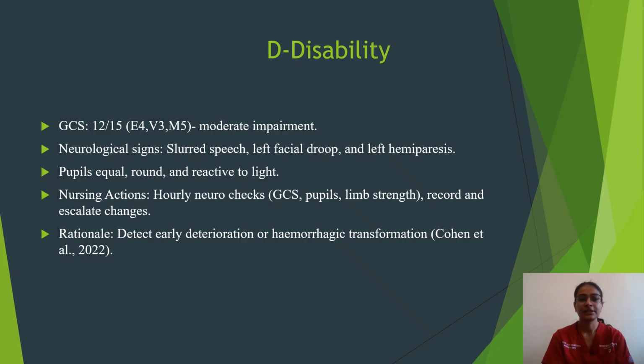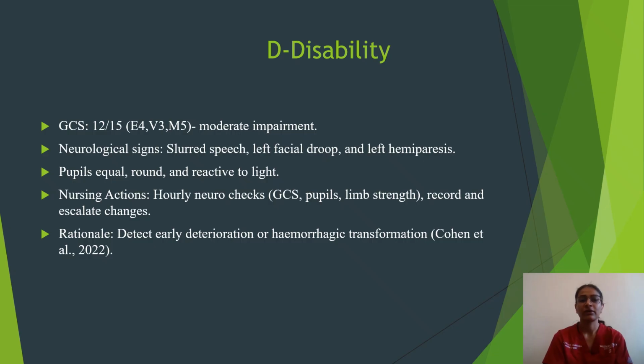Next is disability. Her Glasgow Coma Scale score is 12 out of 15, in which the eye response is 4, verbal is 3, and motor is 5, which means moderate impairment. Neurological signs are slurred speech, left facial droop, and left hemiparesis. Pupils are equal, round, and reactive to light.